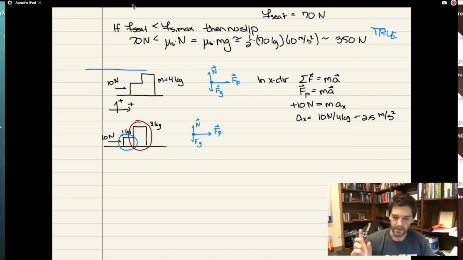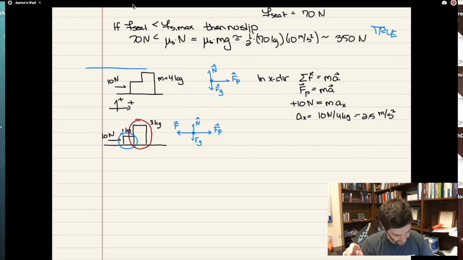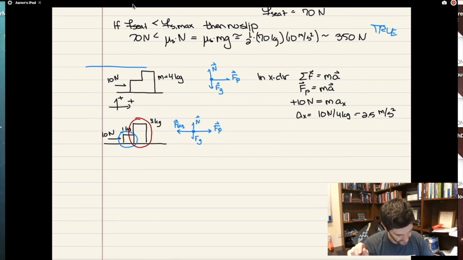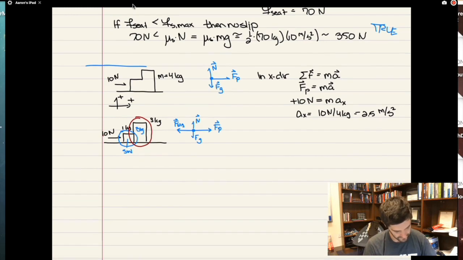But notice now the little block is touching the big block. So there's also a contact force between the blocks. I'll call this force F big, if this is the big block and this is the small block. Then we could look at the big block and ask what's going on there.